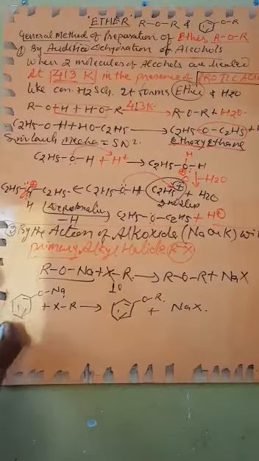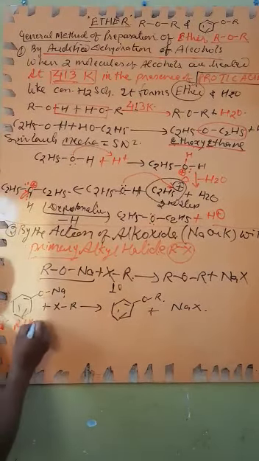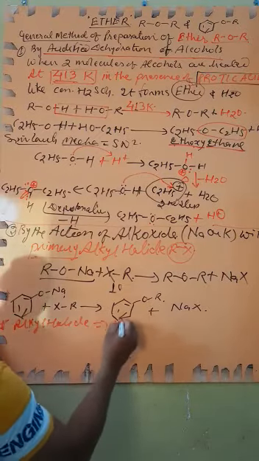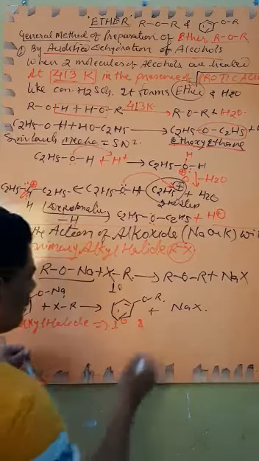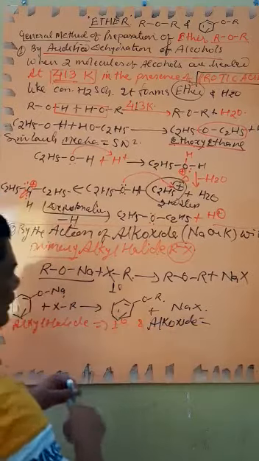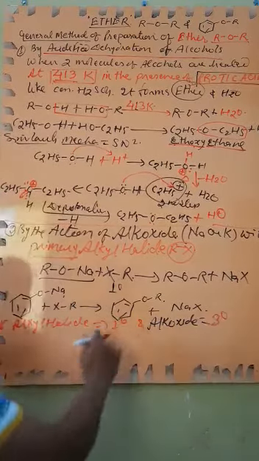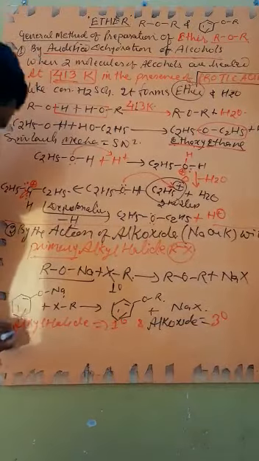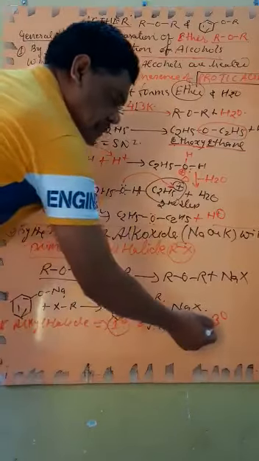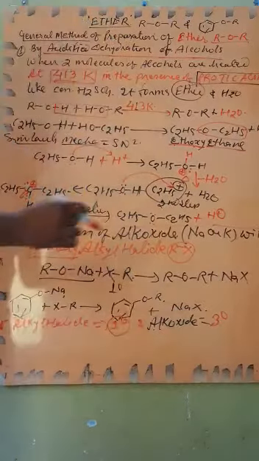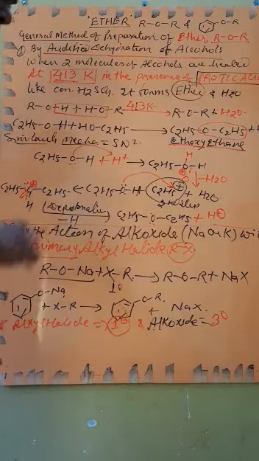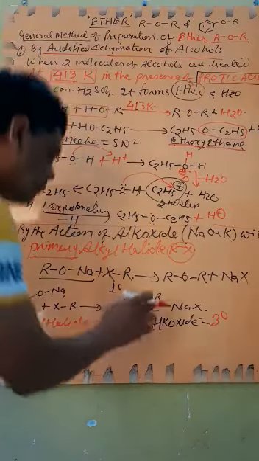Remember, student, most important thing is alkyl halide must be 1 degree, and alkoxide must be 3 degree. If it is reverse, that is if we are taking tertiary alkyl halide and the alkoxide is primary, in that condition the elimination reaction will take place. So this is elimination versus substitution reaction. Okay, so this is the most important reaction.